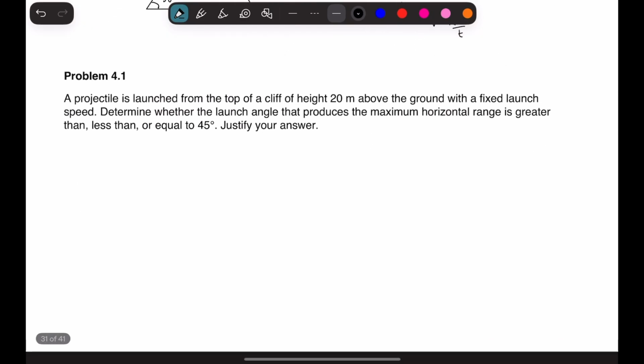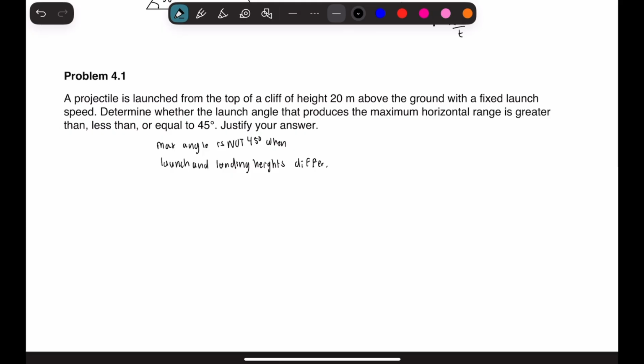A projectile is launched from the top of a cliff 20 meters above the ground with a fixed launch speed. Determine whether the launch angle that produces the maximum horizontal range is greater than, less than, or equal to 45 degrees. So this is kind of tricky. But we know that the max angle is not 45 degrees when your launch and landing heights differ.